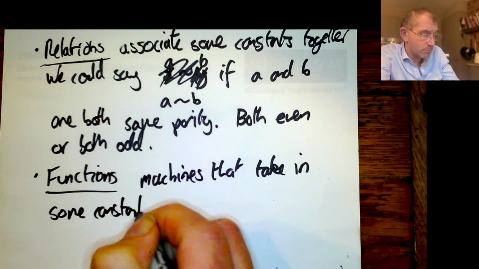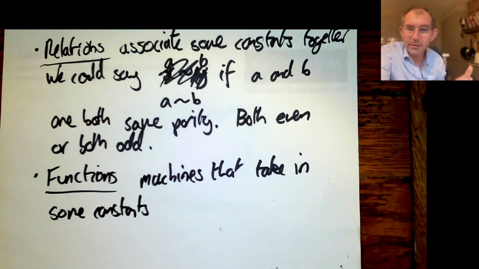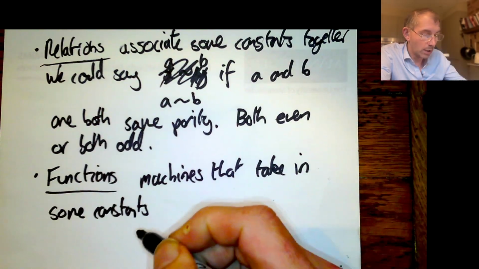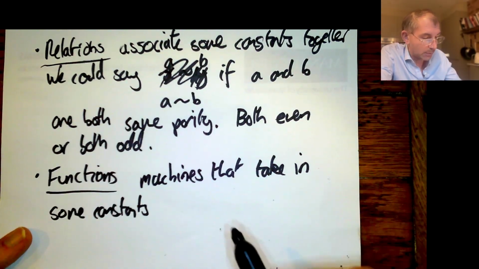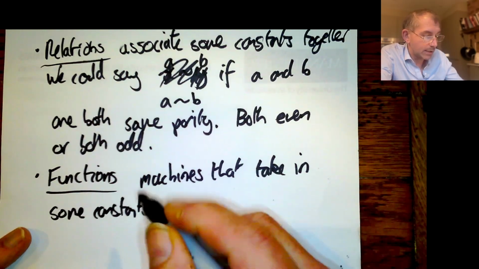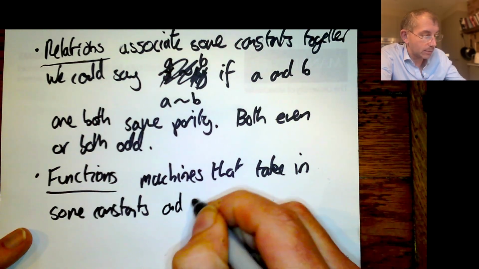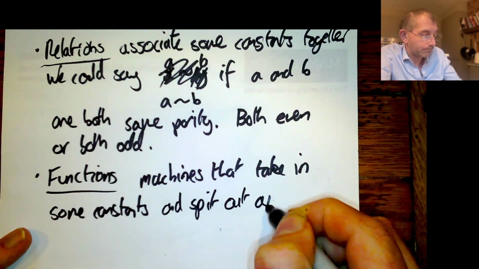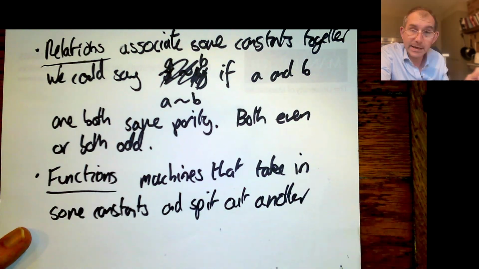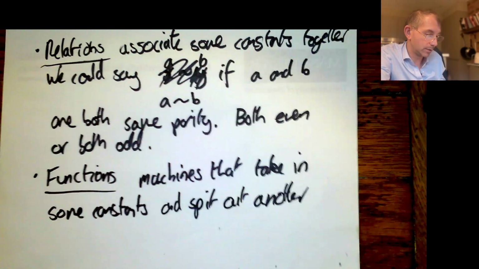A lot of the time we think about the functions that we see on our calculators, and they are usually univariate functions, so they just take in one number and then spit out another one. But you can build up more complicated ones. But anyway, machines that take in some constants and spit out another, or possibly a list of other constants.